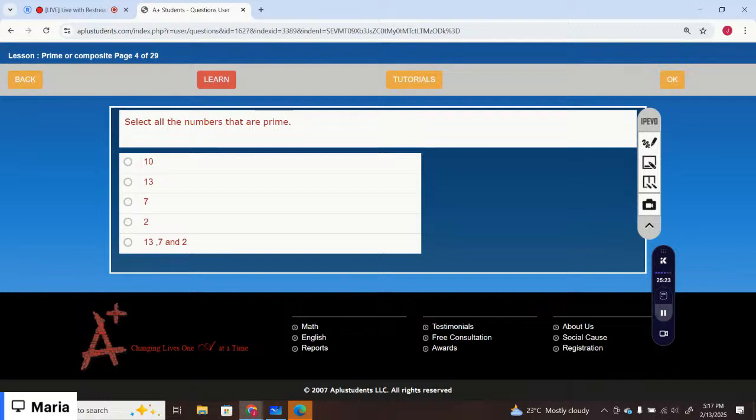Select all the numbers that are prime. 13, 7, and 2 are the prime numbers.